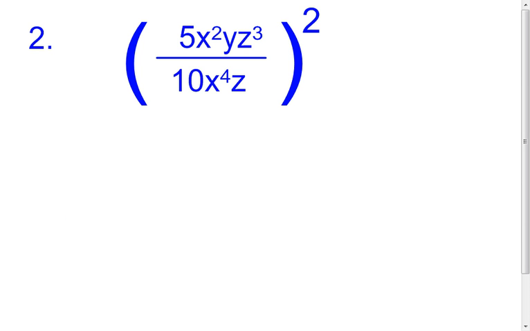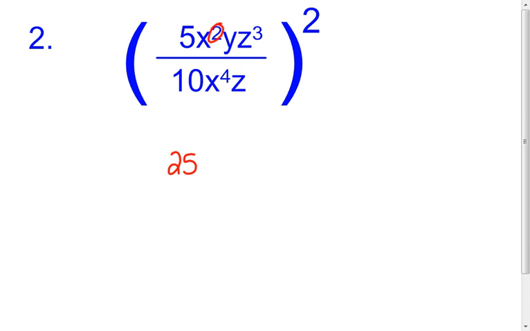Okay, here's another one. You can square everything first and then reduce, or you can reduce and then square. It doesn't really matter. I am going to square everything first, just because that's sort of the order of operations. So when we square the numerator, you have to square 5 and get 25.